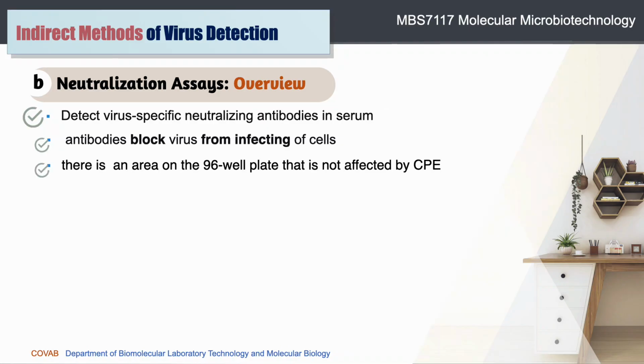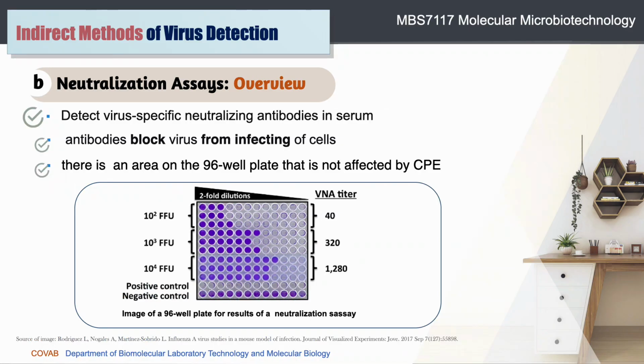So if we have a 96 well plate cultured with cells, and we put on virus, and then we put on neutralizing serum, there will be some places where you'd see cytopathic effect and therefore no cells, in contrast to some areas where there is no cytopathic effect.